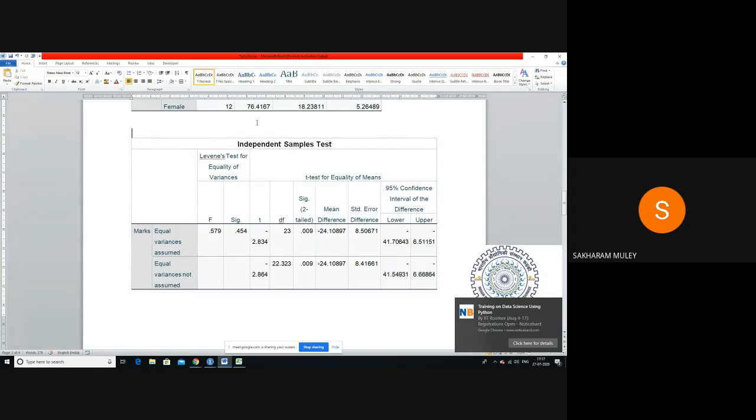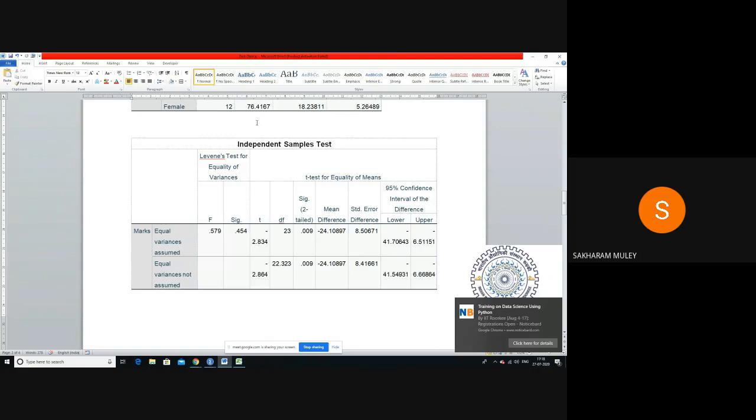Okay. If it is less than 0.05, then we are rejecting the null hypothesis, and we are concluding that there is a significant difference between the variance in marks when compared between male and female. Then I will choose the second row, that is equal variances not assumed.